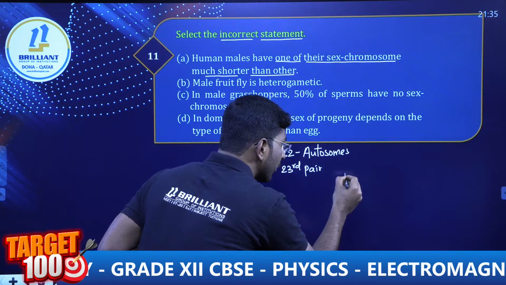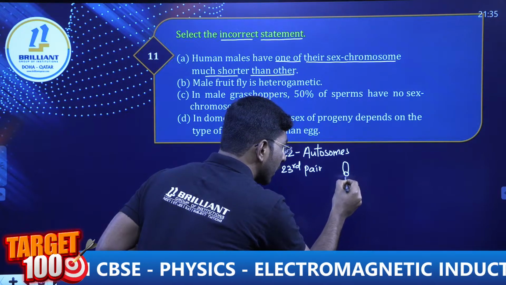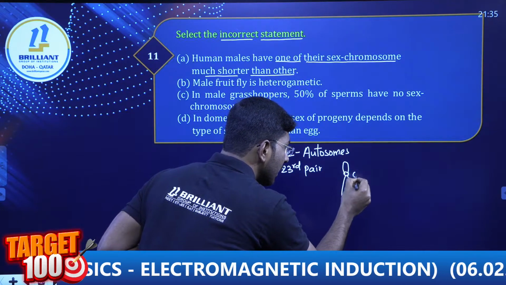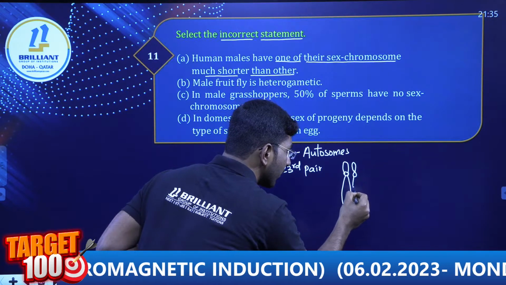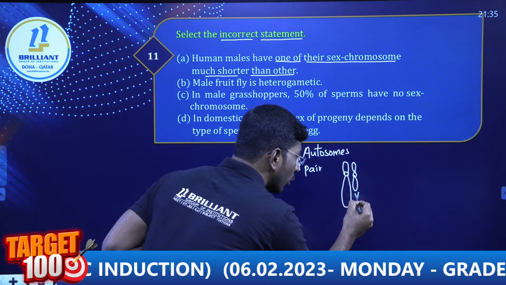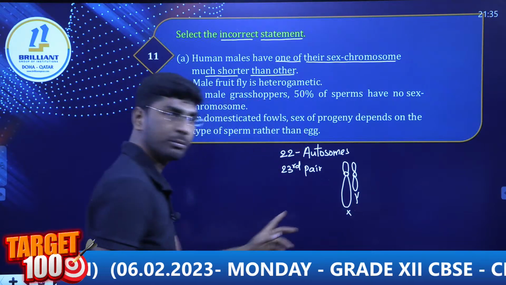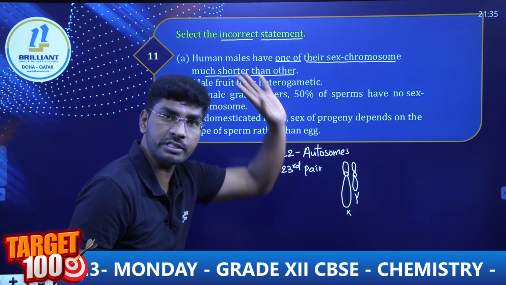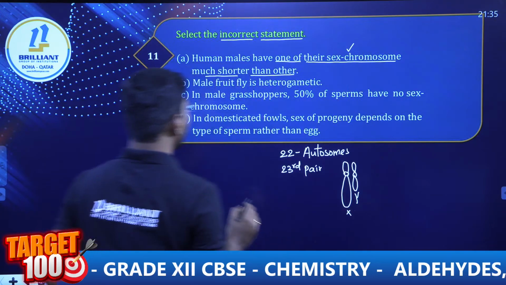In this 23rd pair, one chromosome is bigger and longer, the second is shorter. The shorter one is called the Y chromosome, and the longer one is called the X chromosome. This statement is true, so it is correct.